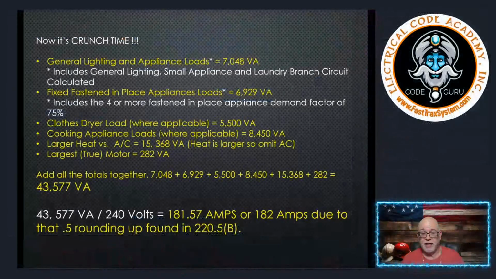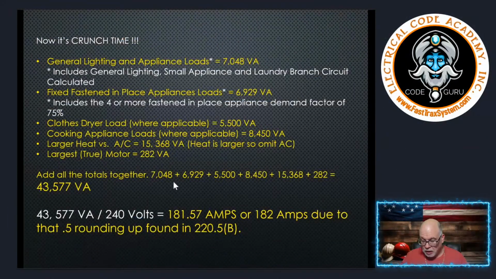Here we have to focus. You could go running over to 310.16, folks, and simply go to the 75-degree column because of the terminal and temperature limitations of 110.14(C), find a conductor that can handle 182 amps, and be done with it. But there's something you have to remember. This is not an exception.